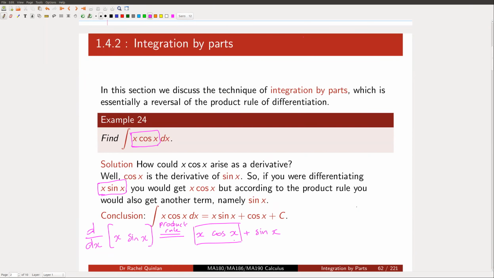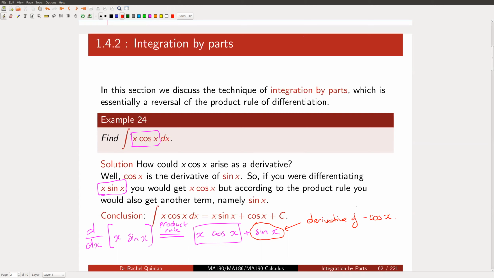To compensate for that, we should subtract off something whose derivative is sine x, and that will cancel this sine x out of our problem and hopefully give us something that does exactly the job we want. So sine x, we can observe, is the derivative of minus cosine x. That's just an observation.